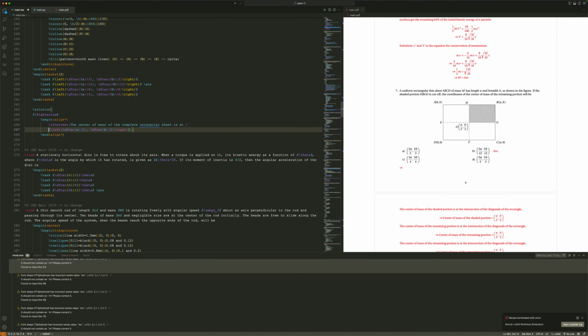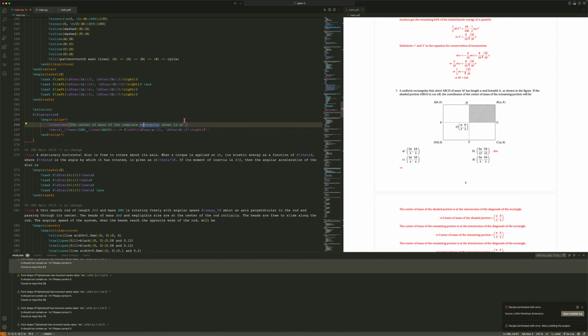Let's call it in vector form R, and let's write our center of mass text, center of mass for rectangle. Let's say rect. Let's call it complete rect, and put the name ABCD, that will be much better. And this is equal to this. Let's run first.